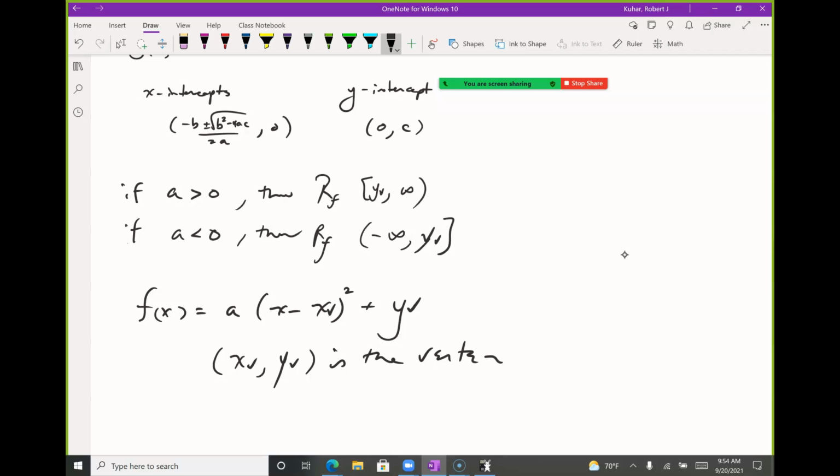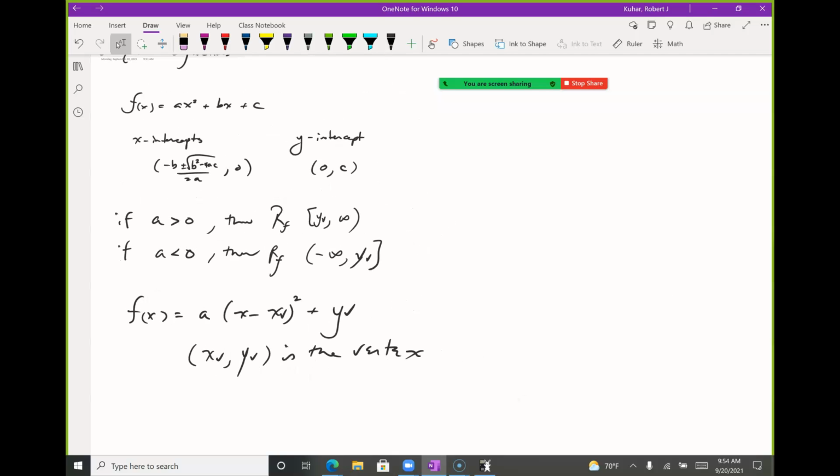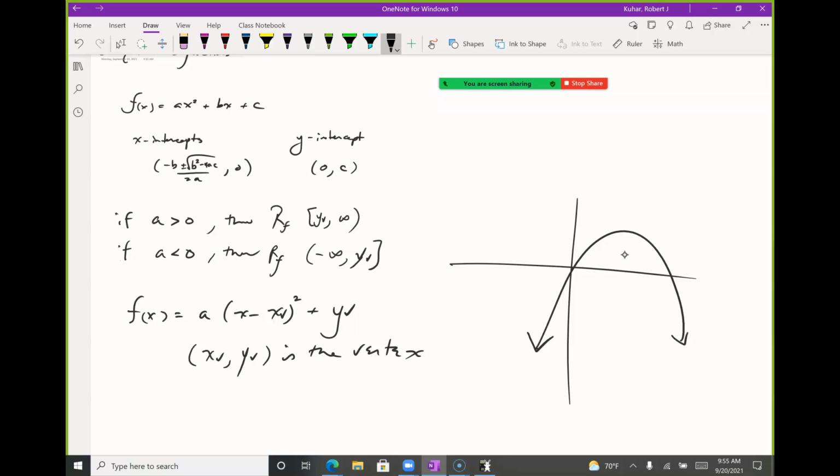Sorry, Professor. On the range, if a is less than 0, shouldn't it be y sub v comma negative infinity? Does the order really matter? Yes, the order matters. When I know that the parabola opens down, this is the highest point of my y values.